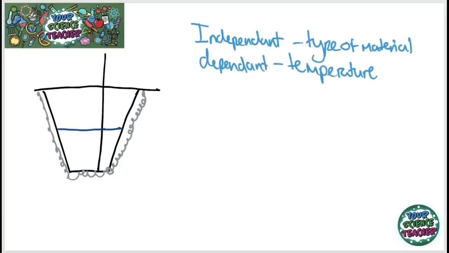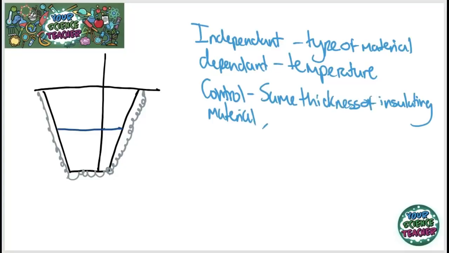And in this practical, you're going to have quite a few control variables. You're going to have to make sure that you keep the same thickness of insulating material. Also, the same starting temperature of the water or the object.